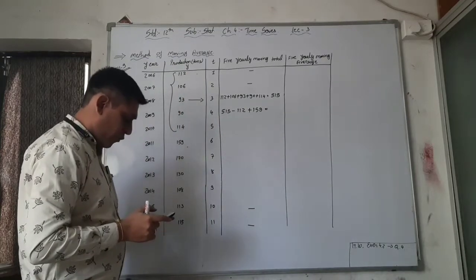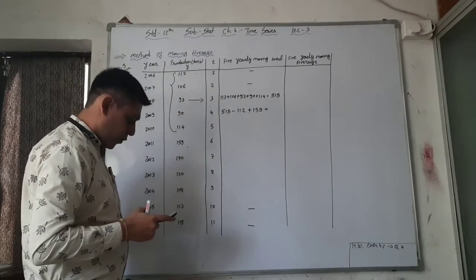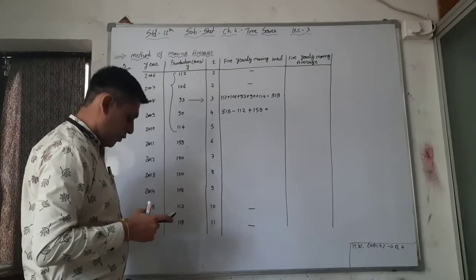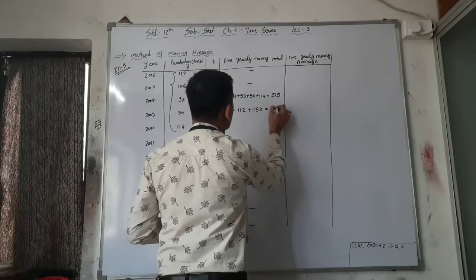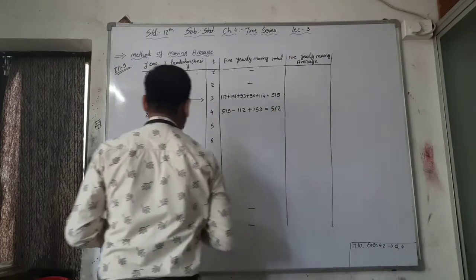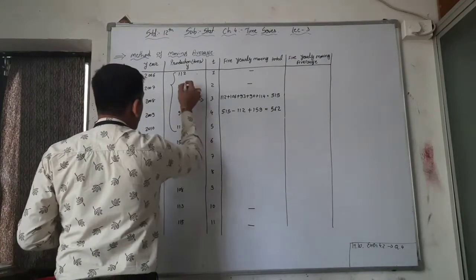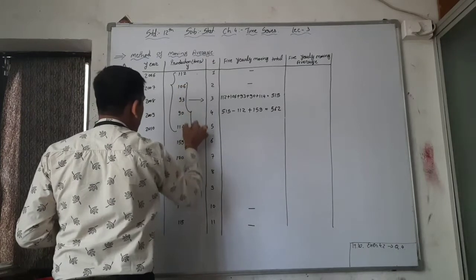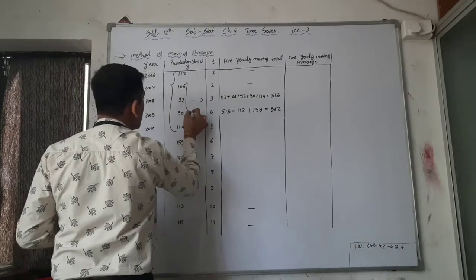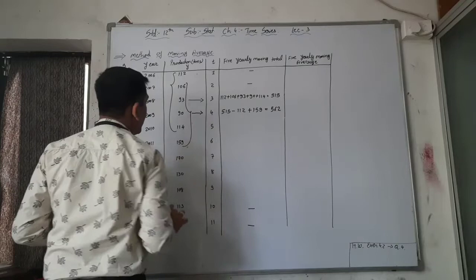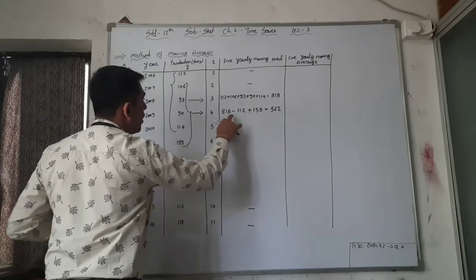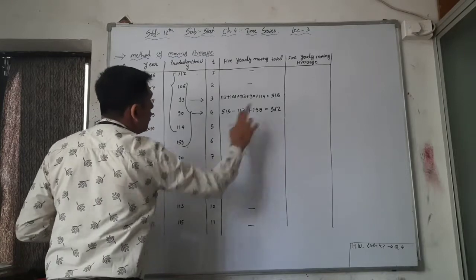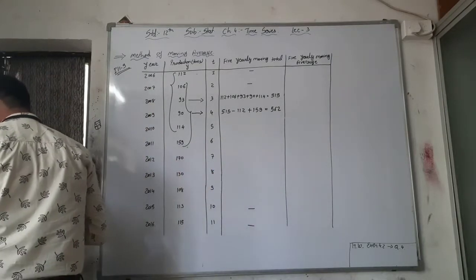So make the total 515 minus 112 plus 159. That is 562. This is the total of these 5 and we have to write it into the center, that is 90, the 4th year, that is the 5 year moving total.